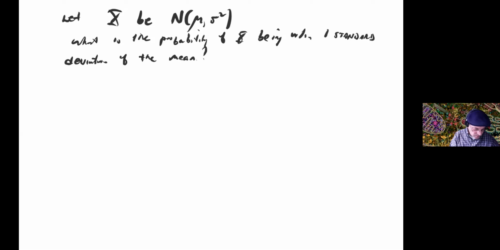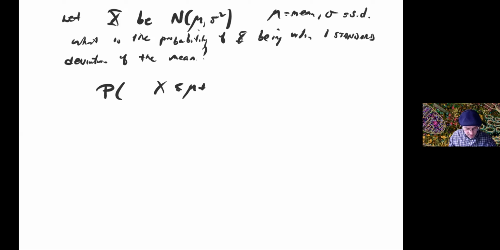That's the question. What do I mean by this? Well, mu is the mean and sigma is the standard deviation. I'll just write SD for standard deviation. So we're asking, what is the probability that X is lying within one standard deviation of the mean? That means X is less than or equal to mu plus sigma, but greater than or equal to mu minus sigma. So that's what we're asking here.